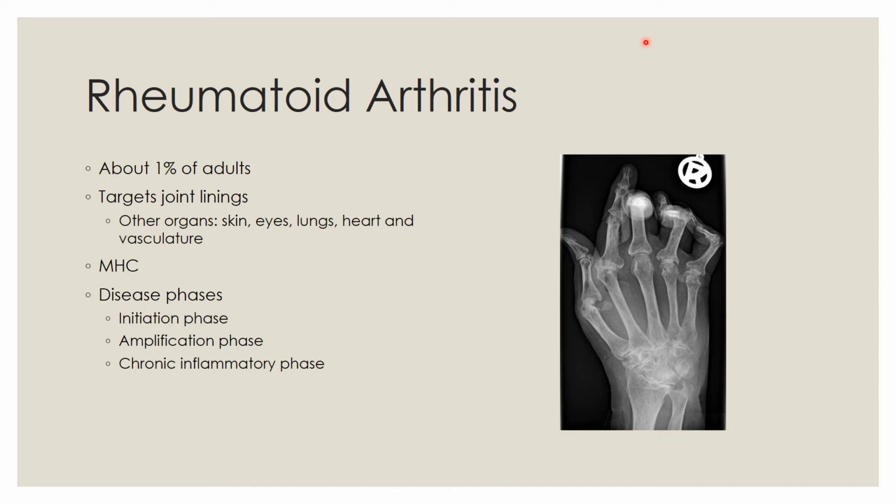Mycoplasma infection, unfortunately, is associated with an increased risk of arthritis. If you have had one in the past, or if you get one in the future, you have an increased risk. Rubella infection, CMV, EBV, and parvovirus. Those are all associated with a higher risk of rheumatoid arthritis.